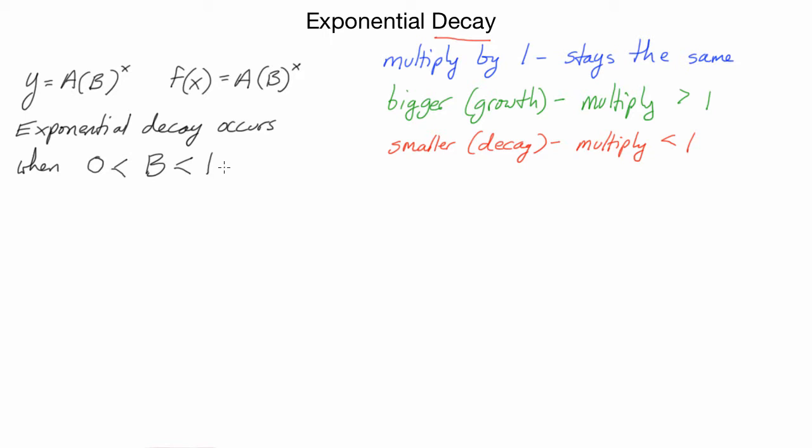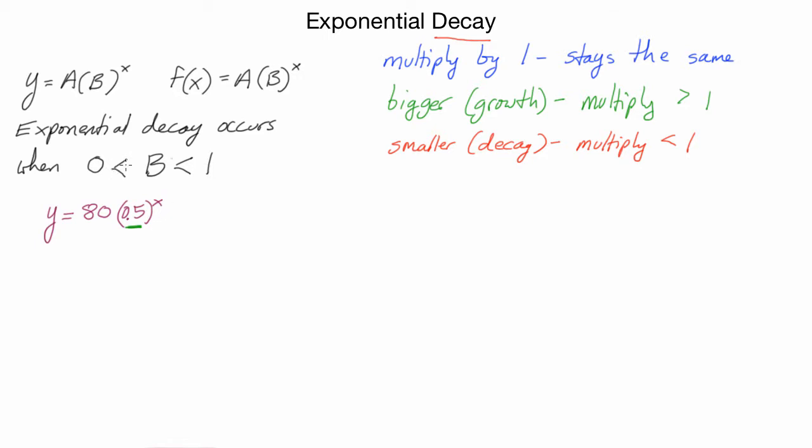All right, let's take a look at an example here. Let's do a function y equals 80 times 0.5 to the x power. So this is going to be an example of exponential decay, because I'm multiplying by 0.5.